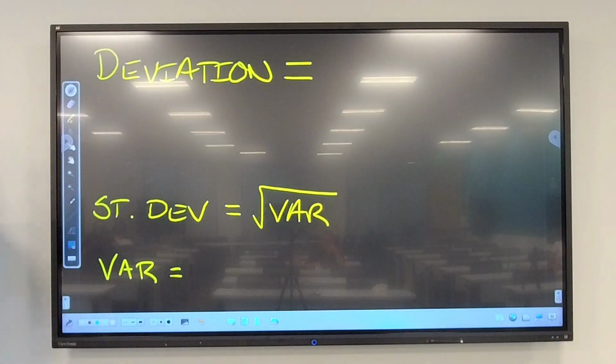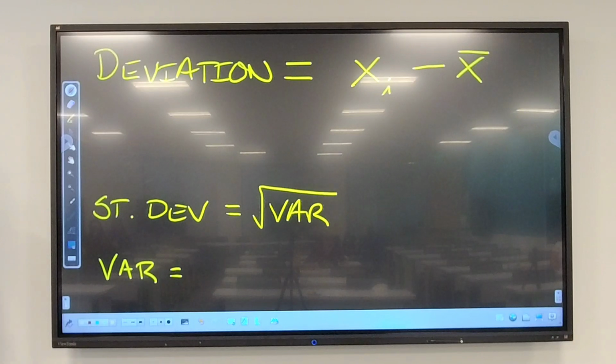Deviation is something that's strayed away from the mean, from where you'd expect it to be. It's the distance from the mean, the signed distance. So if it's above the mean, it's positive. If it's below the mean, it's negative. So we'll see some particular point and subtract away the mean.